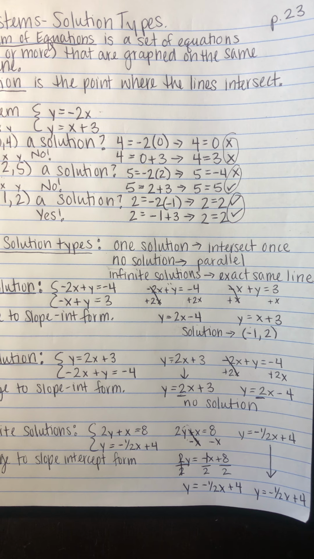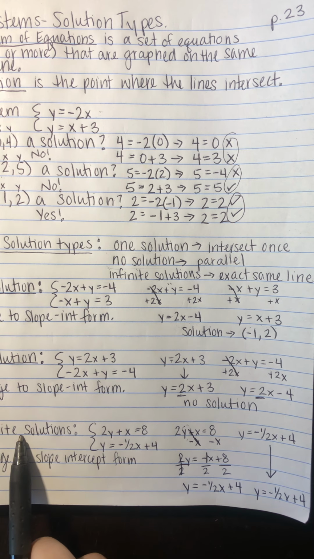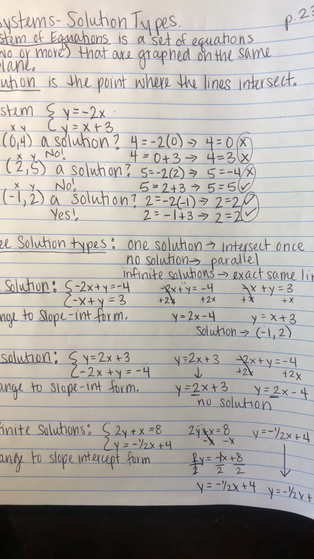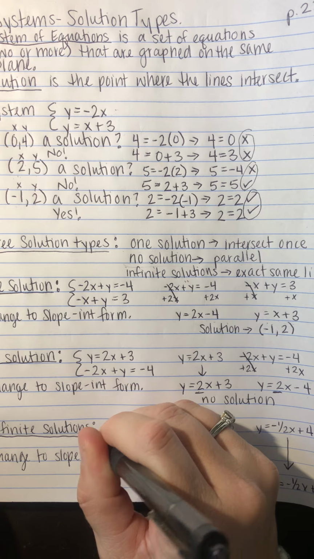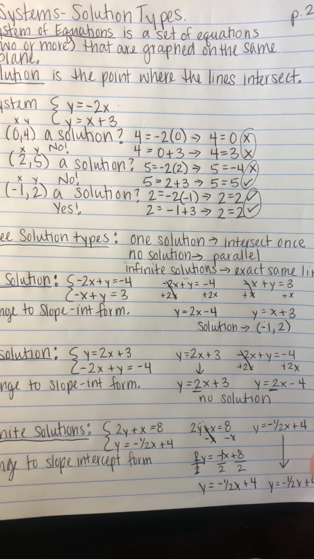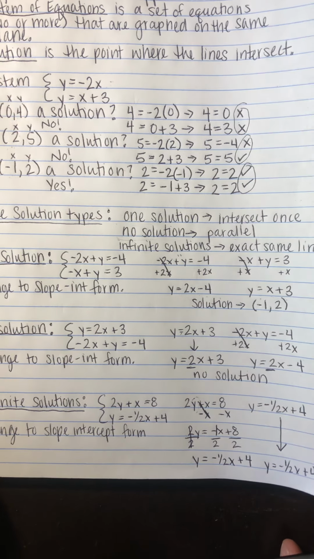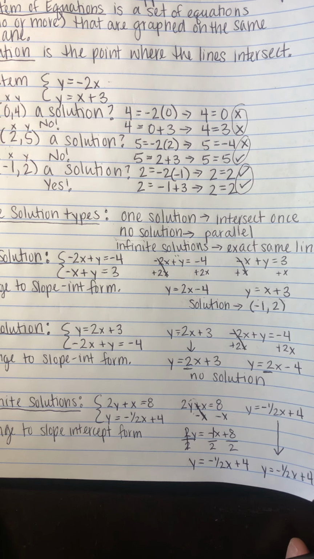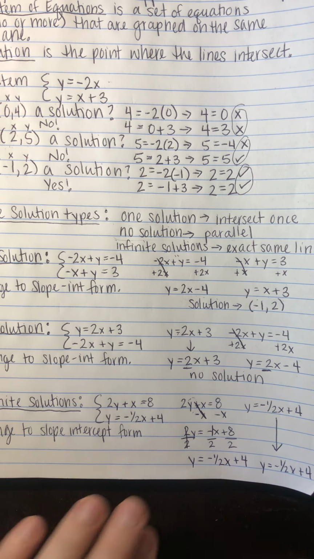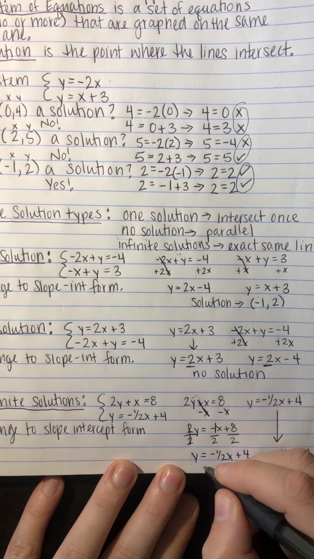That also tells us that every single point on those two lines is going to be a solution, which means you have infinitely many solutions here. So our final answer for this last one, we don't have just one solution point, but we do have infinite solution points. And again, if you were to graph these, they'd graph right on top of each other.